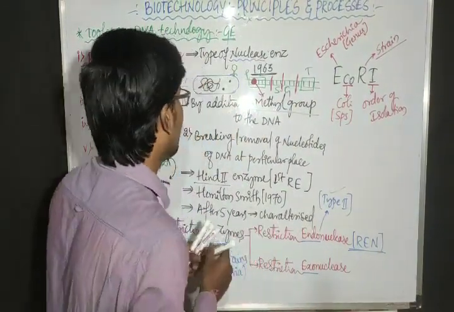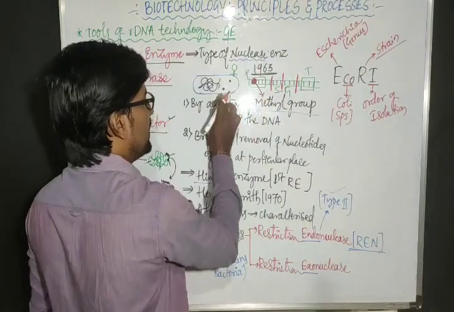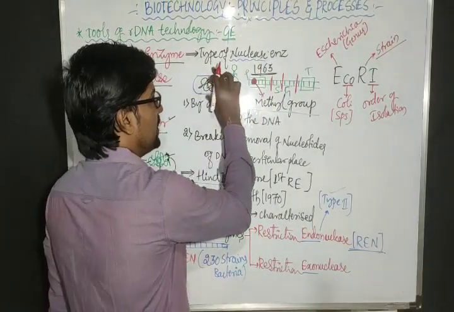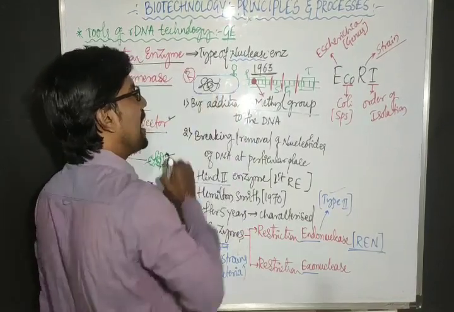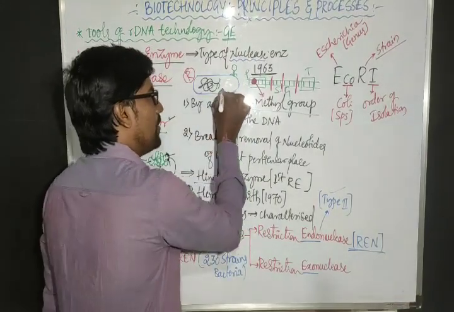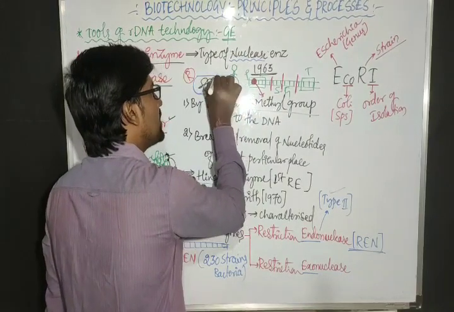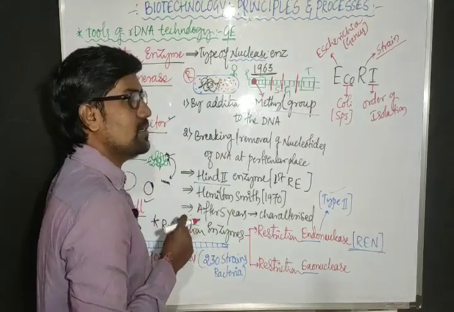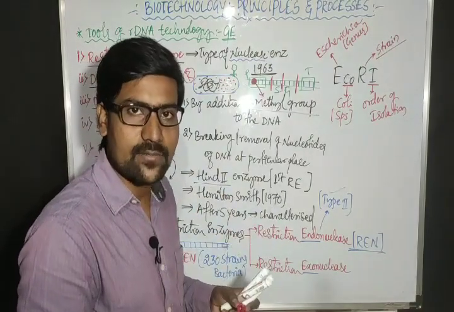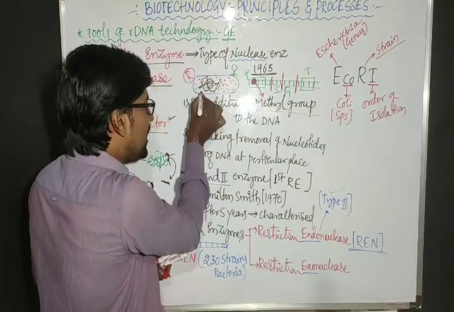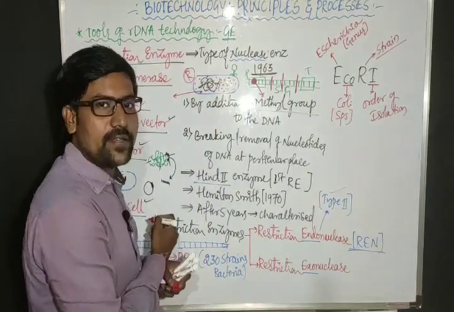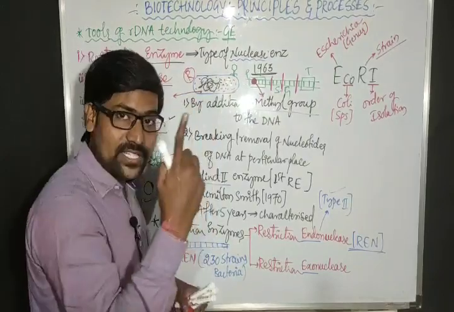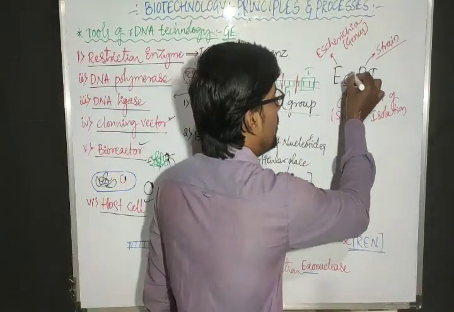One example. Let us consider E. coli, the same E. coli, which belongs to the R strain. In this E. coli many enzymes are present, and out of so many enzymes, some are restriction endonuclease enzymes. Now a scientist takes one enzyme outside, and to this first isolated enzyme they gave the name EcoR1.